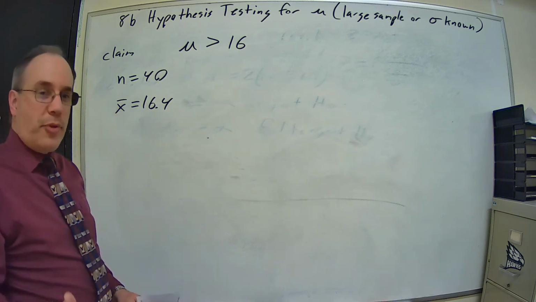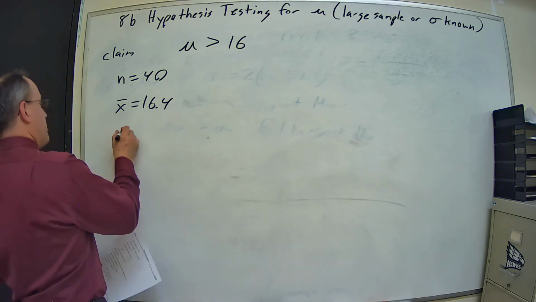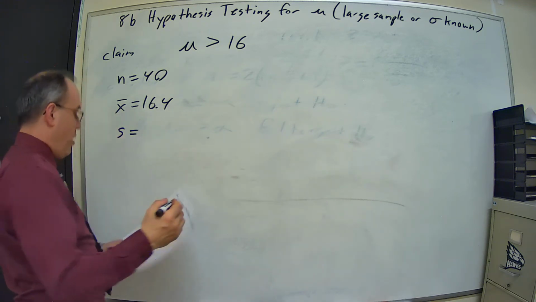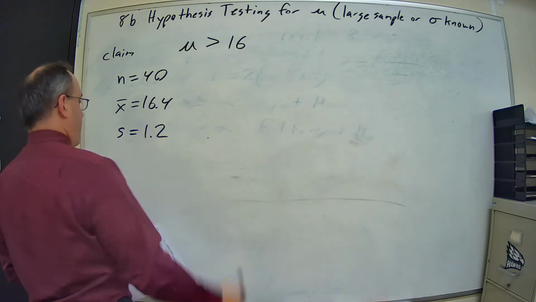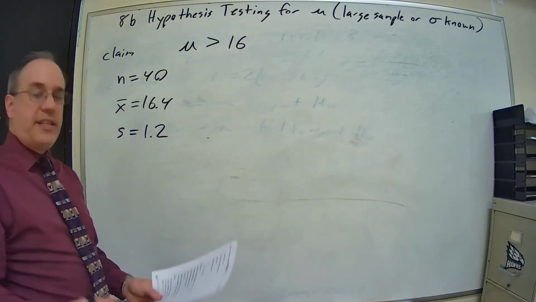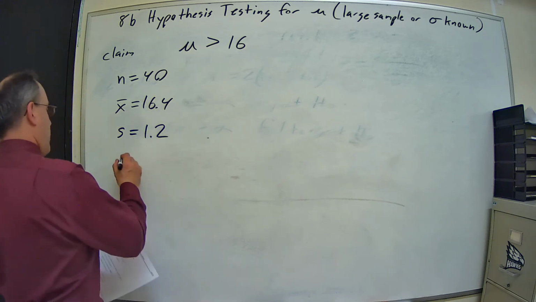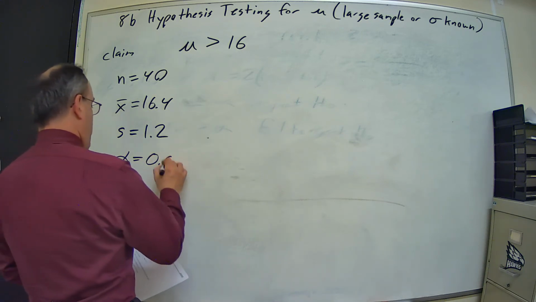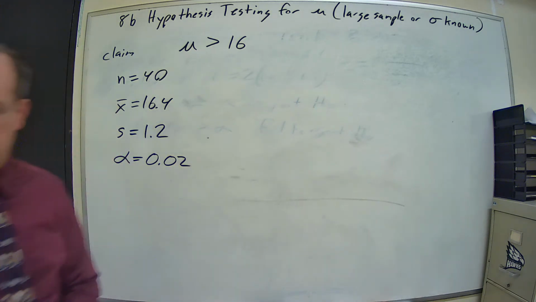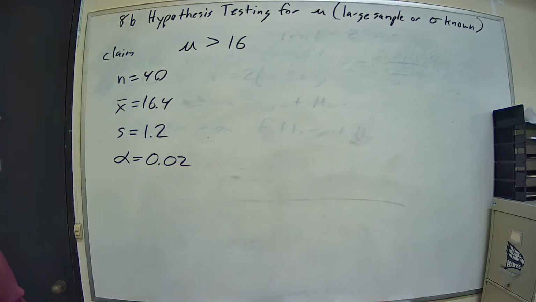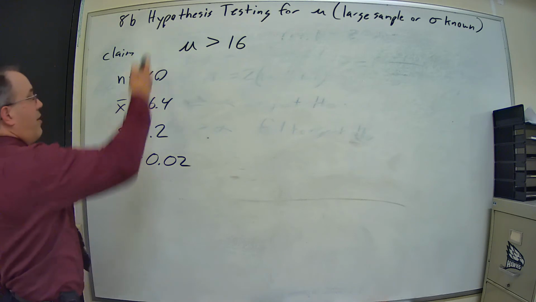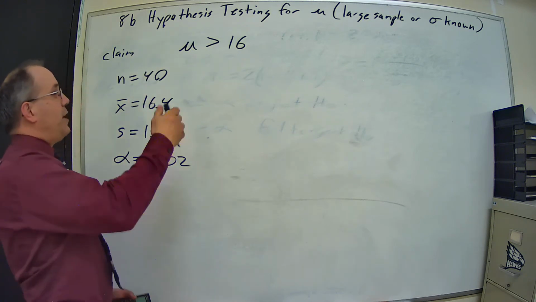It doesn't say population standard deviation, so that's got to be the sample standard deviation, 1.2 ounces. Make a statement about the claim at a 0.02 significance level. Alpha is equal to 0.02. So I've got this now, so that's what it gave me.